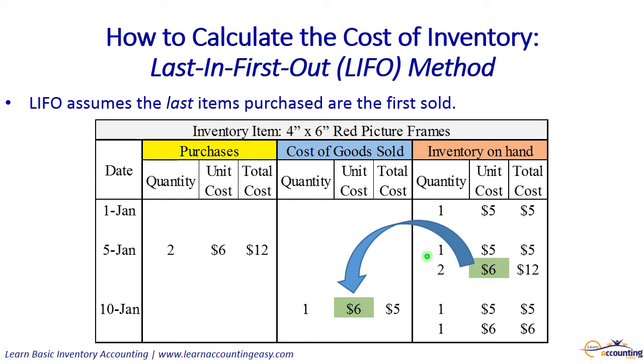The first item that we had on hand was this one here for $5, but the most recent, or the last item, is this layer here, the 2 frames at $6 a piece. So since we're using LIFO, we're going to take that $6 and use it for this sale to calculate this cost of goods sold on January 10th. So if we use that 6, what we have on hand January 10th is actually the one for $5, and then we have one of them for $6 that's left over as well.